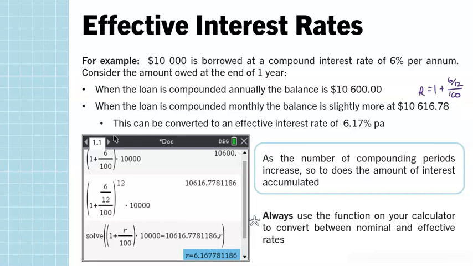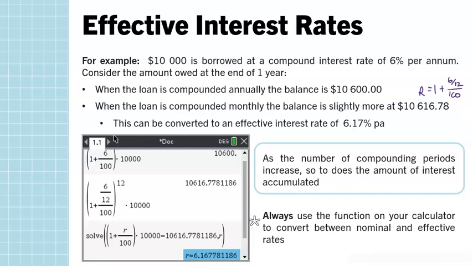And remember, your compound interest is calculating the interest on the balance at each time period, so each month in this case. So that means at the end of the 12 months, I would actually owe $10,616.78, so slightly more.